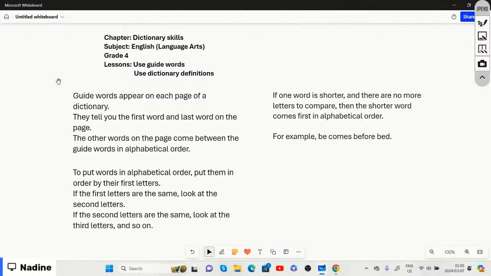So that is guide words. The other words on the page then come between the guide words in alphabetical order.